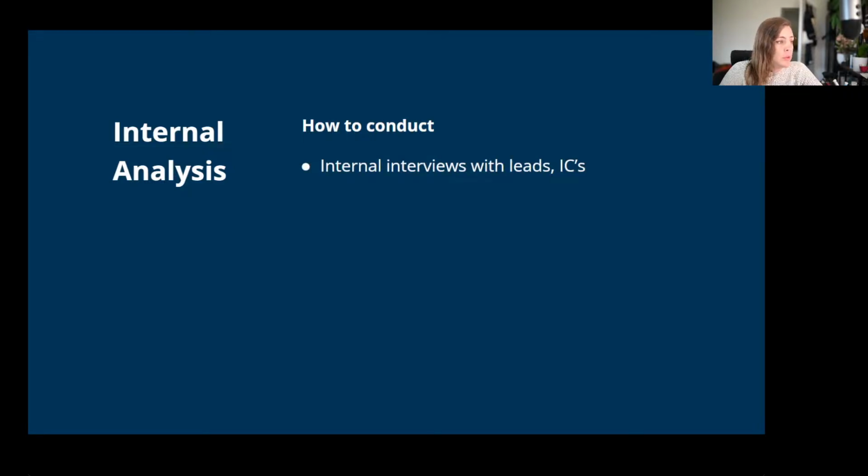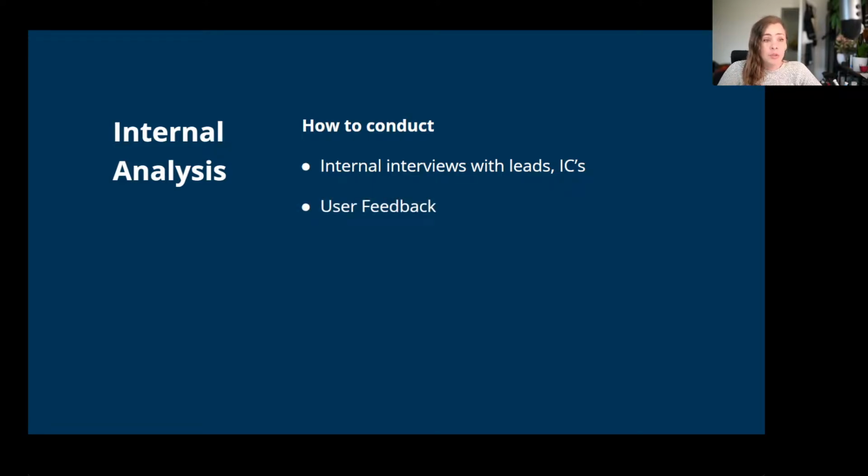So how do you conduct an internal analysis? What should it contain when you're looking at your own product? How do you conduct this? Well, first of all, you're going to internally interview your leads, your individual contributors, anyone that you feel is important to the business, because usually these people know better than you what's going on and what's not so good.